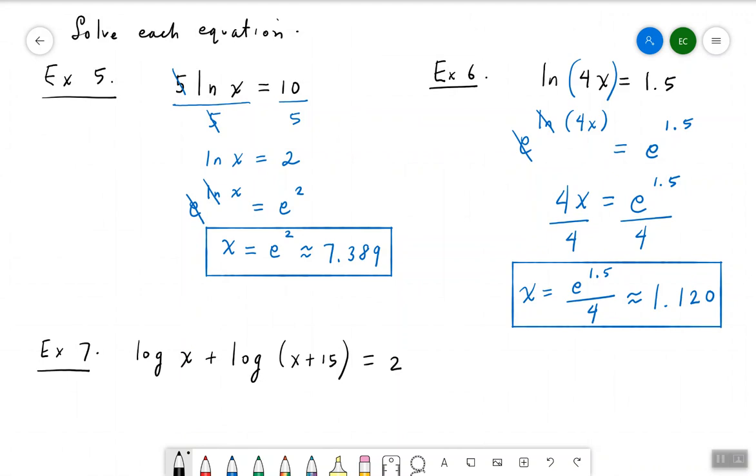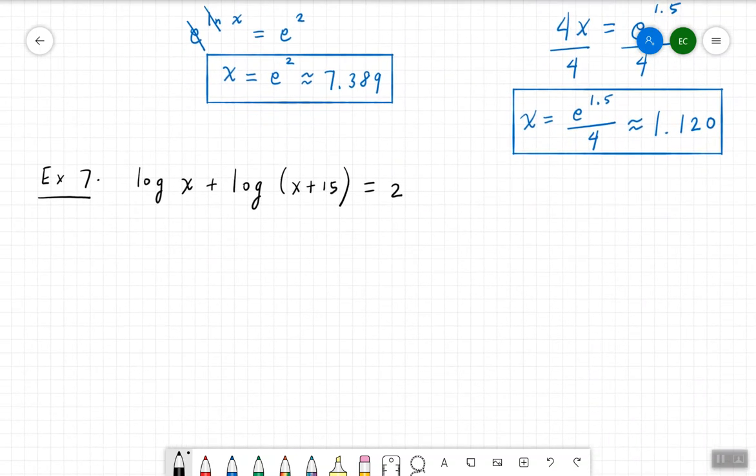And if we want to apply an exponential to cancel the log, that sounds like a good idea. What would the base be? Since the logs are base 10, then we'd apply a base 10 exponential. But before we do that, we need to combine the 2 logs into a single log. We need a single log.